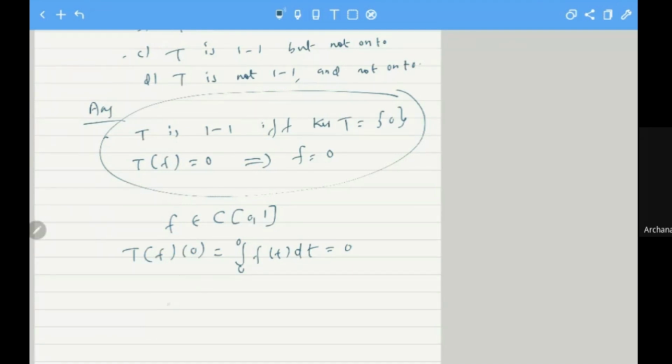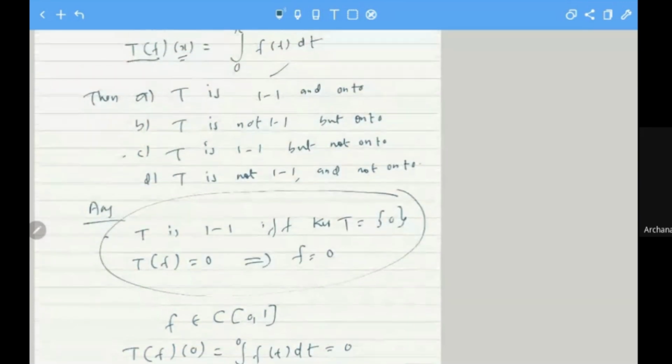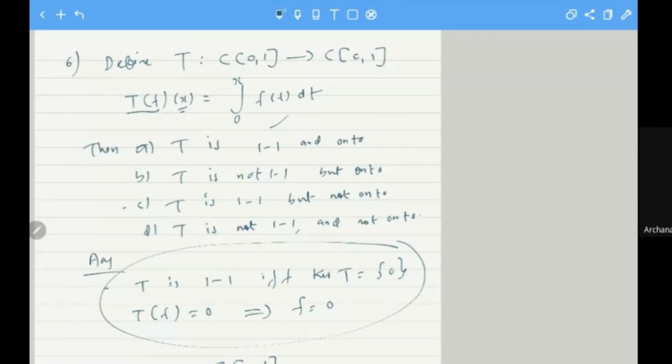That means T of f at 0 is 0 for all f in C[0,1]. But our range is what? Any continuous function you can take, but the image will contain only functions whose value at 0 is 0, but there are continuous functions which take non-zero values at 0 as well. So T is not onto.